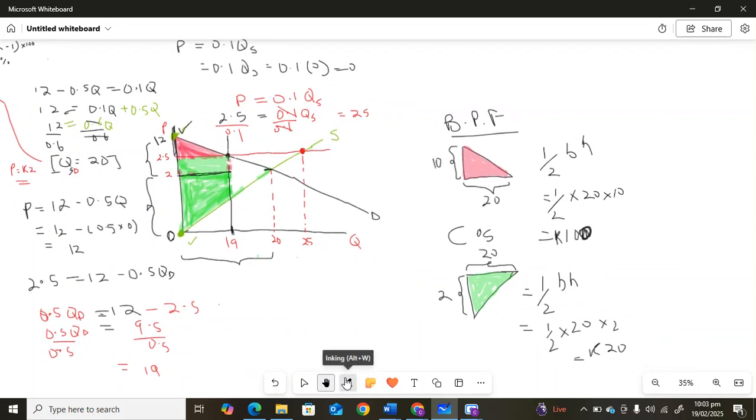So if we isolate that triangle here, what is the new height, colleagues? And what is the new breadth?